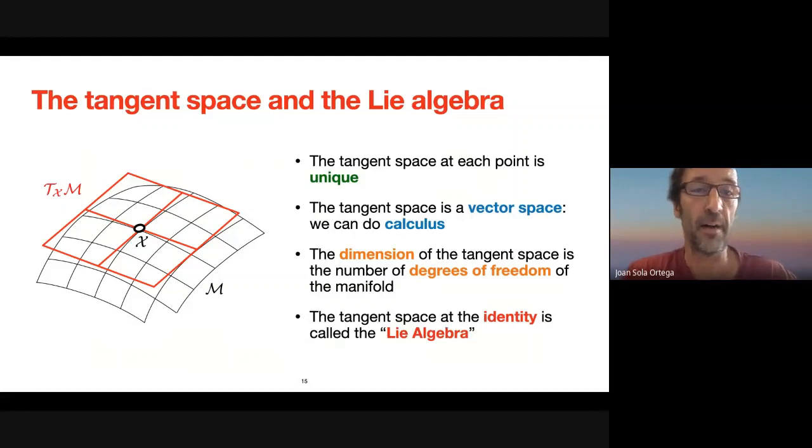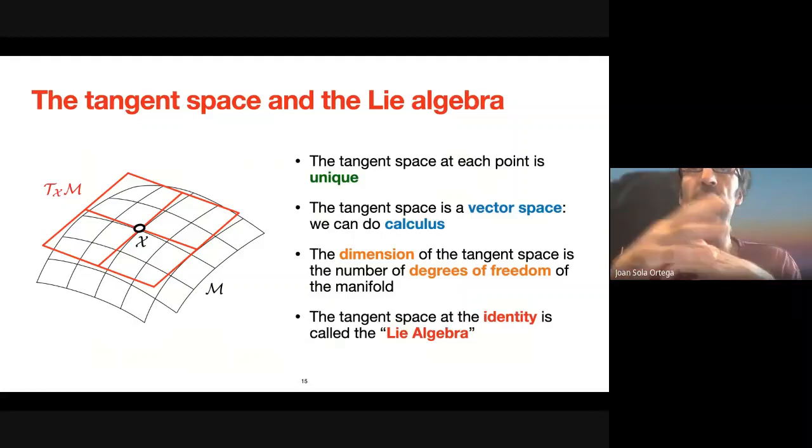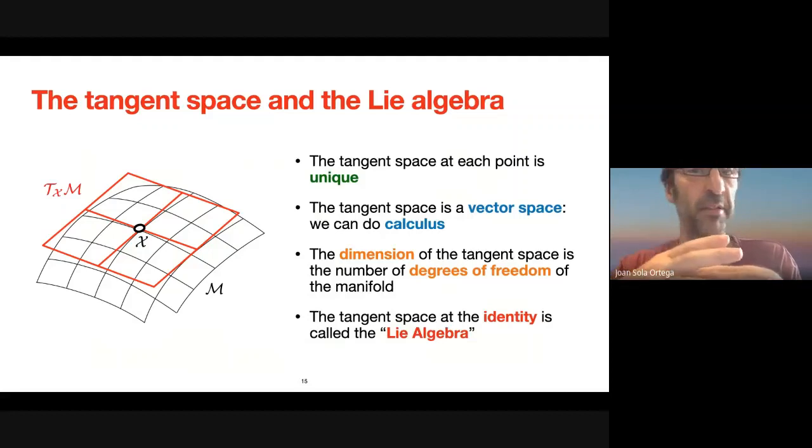Also, these tangent spaces have the same structure at every point. Okay, for example, if you have a sphere and you put a plane tangent, this plane is a two-dimensional plane. So all the planes on the surface of a sphere are two-dimensional planes. So they are all the same space, put in different points, but the same space.